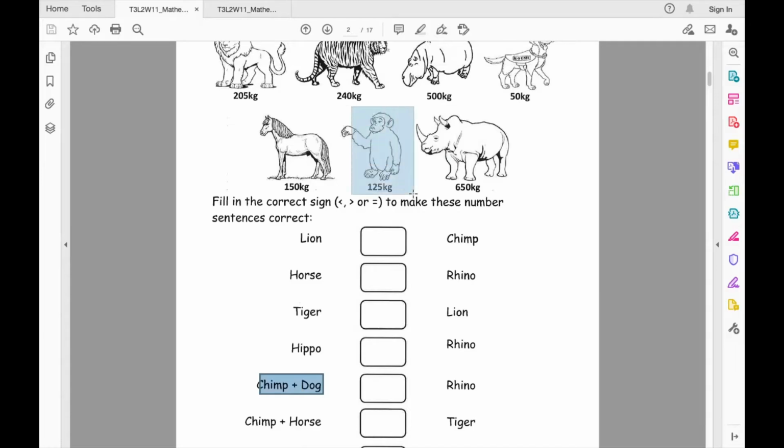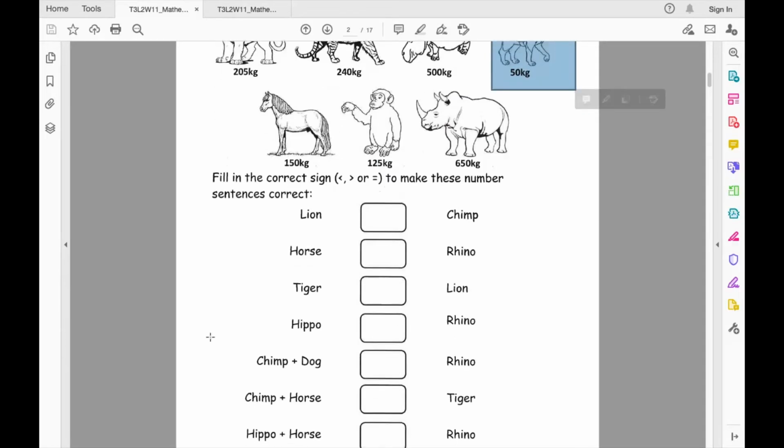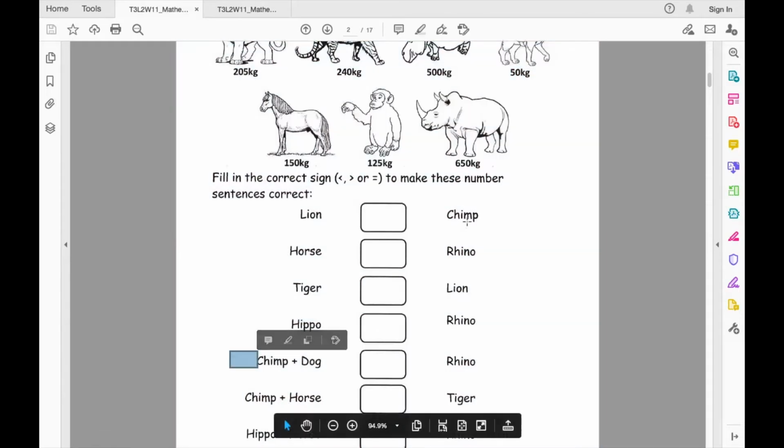The chimp is over here, 125 kilograms, and we've got a dog over here, 50 kilograms. So 125 plus 50, what would that be? We'll write our answer over here, just to make sure.